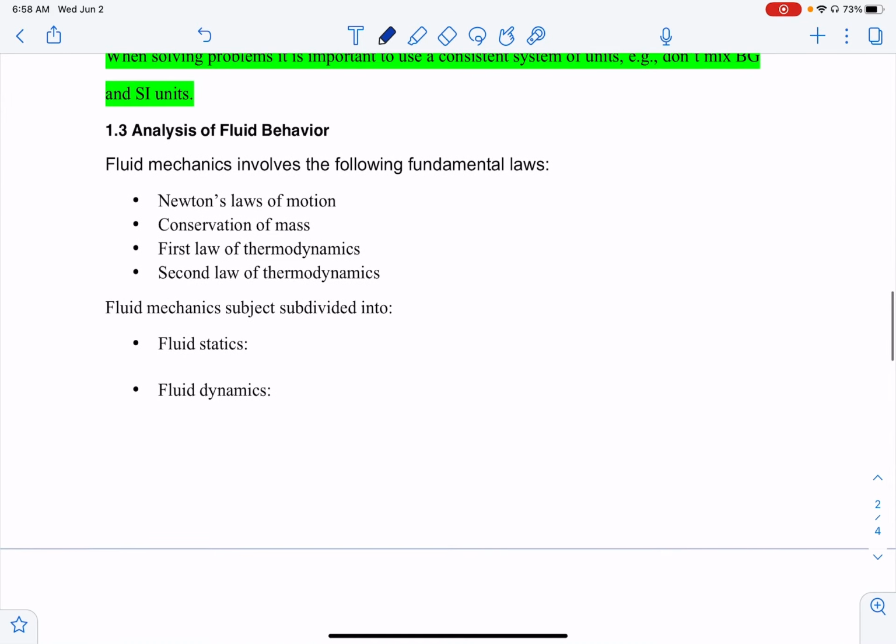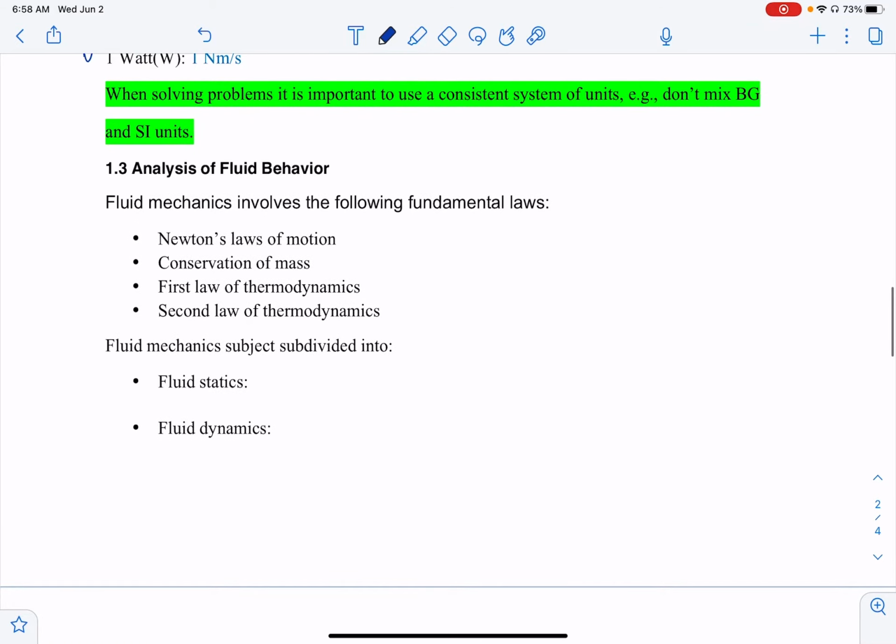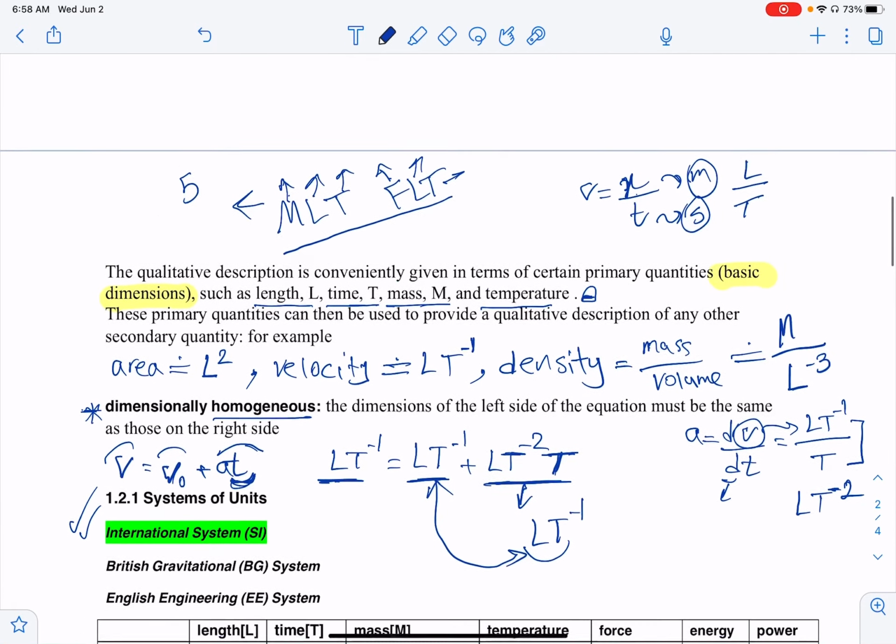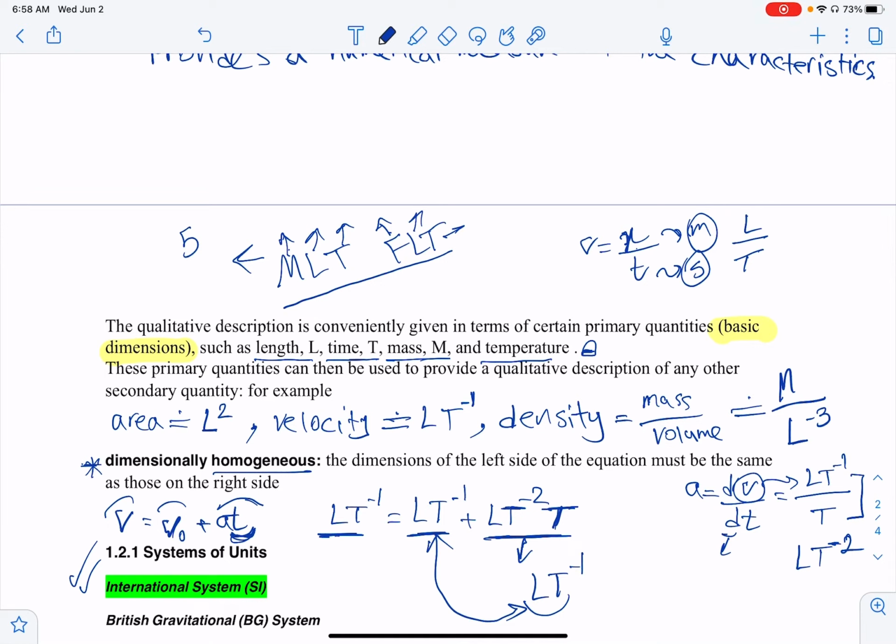Then after that, we are going to talk about the analysis of fluid behavior. These are all going to be in other chapters of the book. These three are going to be in chapter 5, and then we're going to talk about it. Oh, this one is, by the way, going to be in chapter 7.